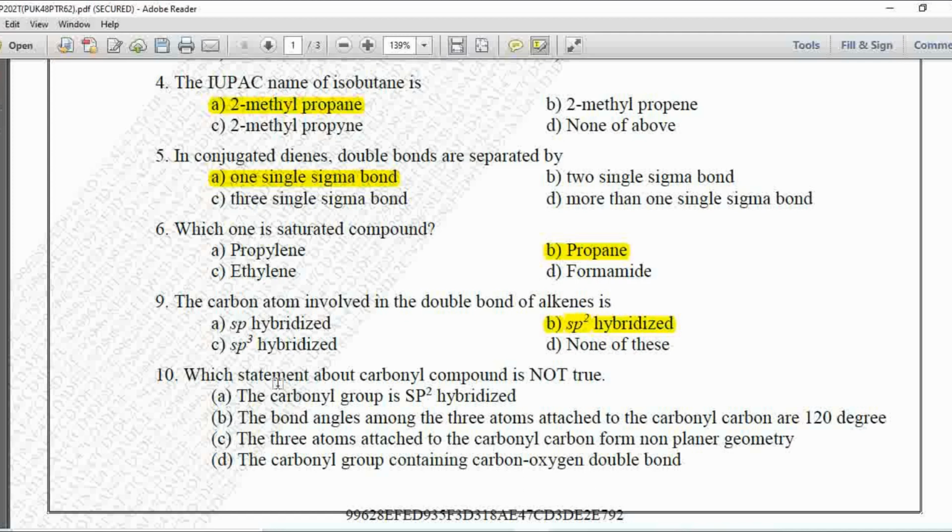The first three statements are true, and D is also true, as the carbonyl functional group has a C double bond O function. Sentence C is not true. So the correct option for this MCQ is option C.